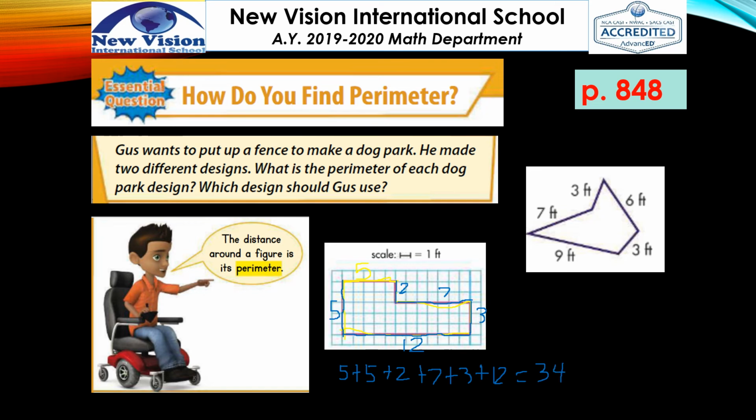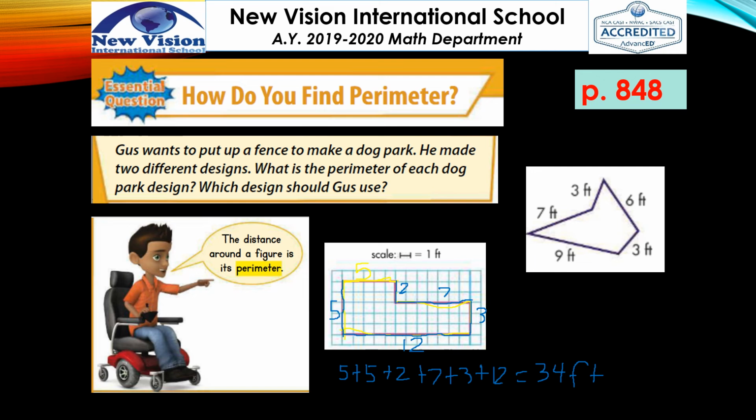The unit measure is in feet. Do not forget the unit measure, and that is very important. You can find the perimeter by counting unit segments, as I said. So the perimeter is 34 feet.